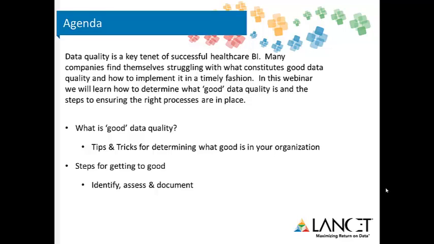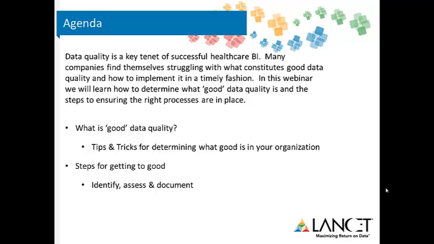And obviously, the information that we present from a healthcare perspective is very important for us to be as accurate as possible. So that's why I talk about data quality in the context of a key tenet, and really the first tenet that I address from a successful healthcare BI program perspective.